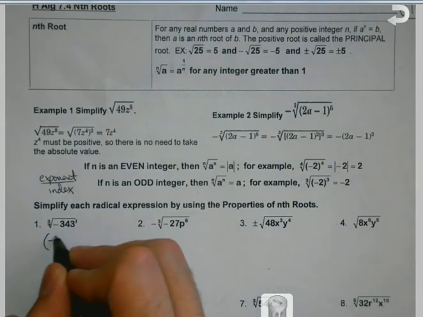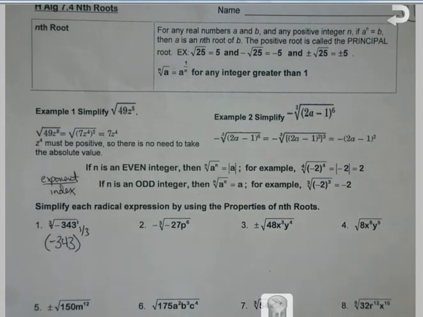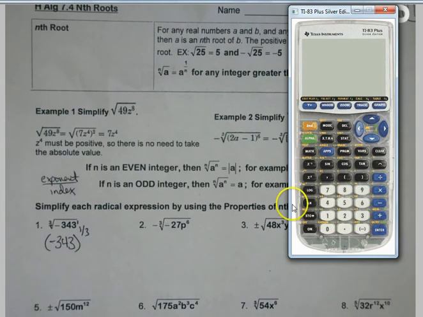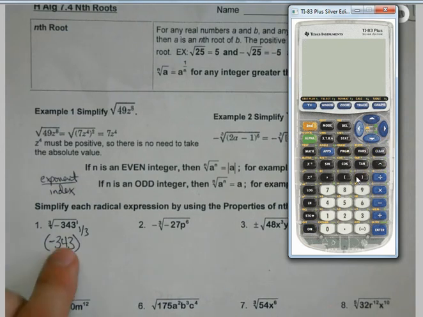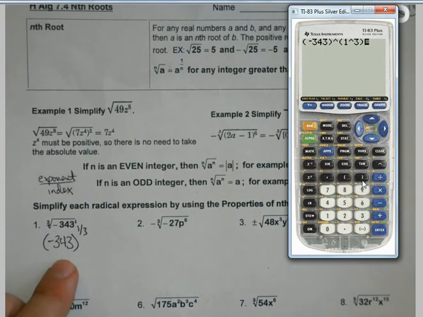So if I wanted to type this into the calculator to see what's going on here, I could go to my calculator, and if I don't have a cubed root button, I can use the exponent. So I'd have negative 343, but I do have to use parentheses with my 1/3, unless you have a fancy one that goes into fractional mode, and the 84 pluses might.